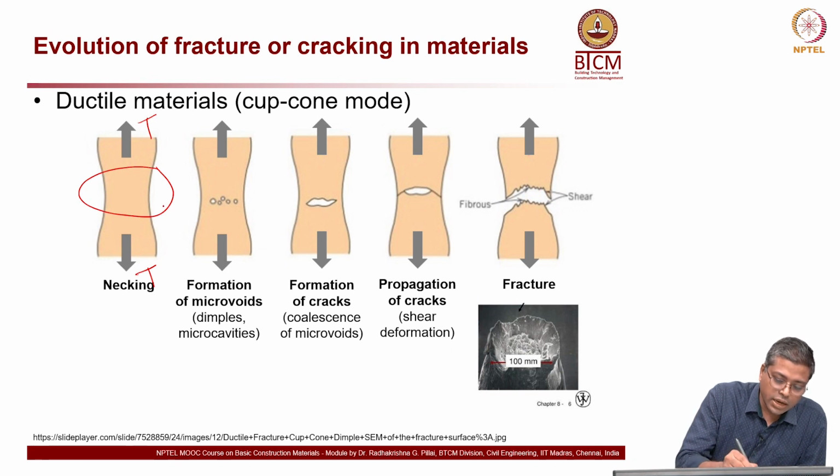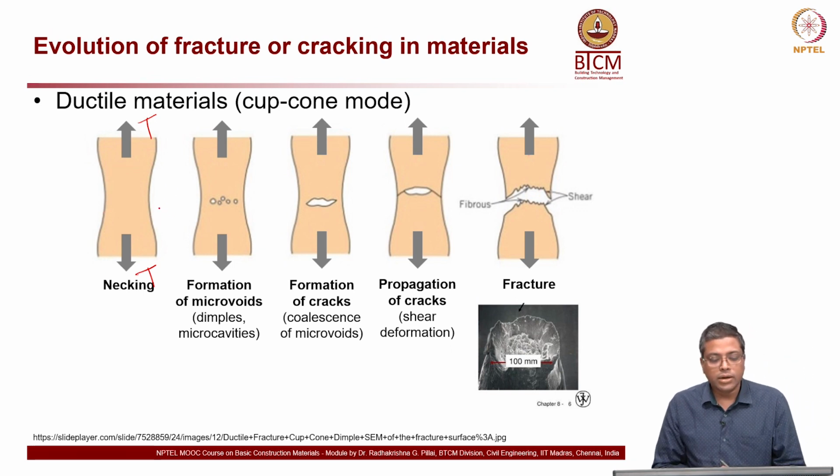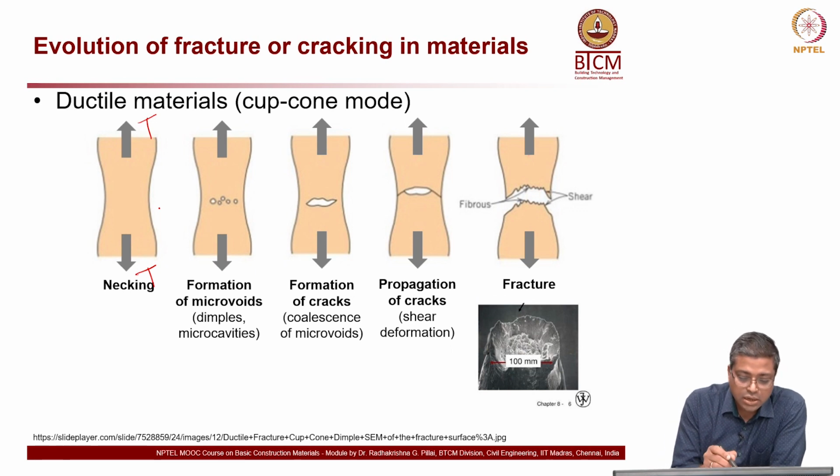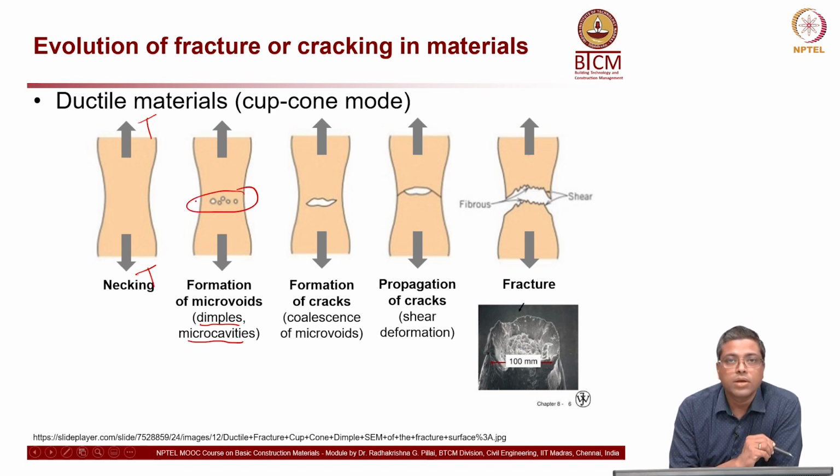You can see the neck-like shape, and in the first picture necking starts to happen. That means there is significant deformation, the plastic flow is already generated, and formation of micro voids is the first thing which happens. Dimples and micro cavities are also there, you can see that here.